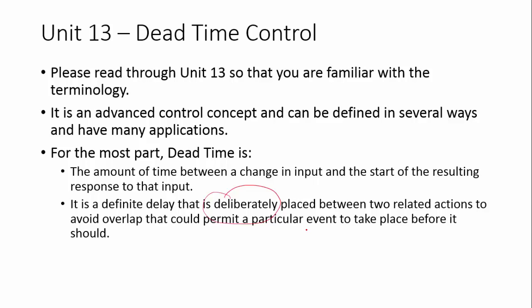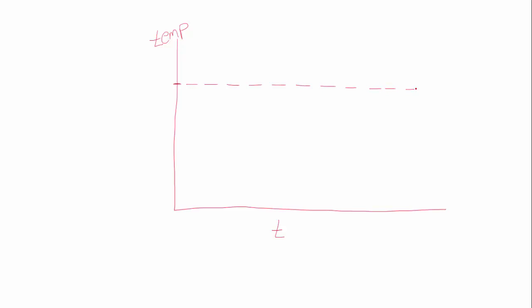Let me try to explain that a little bit on this blank slide, if I'm going to attempt to draw something that looks decent. So here I have a graph of time versus temperature, I guess. And I'll put a set point here. Anybody who's taken EMEC 245 has seen this graph before.